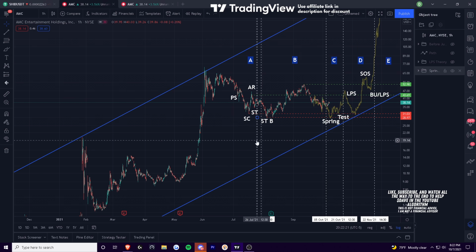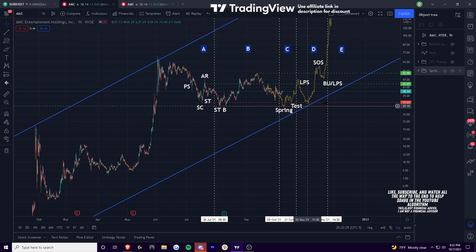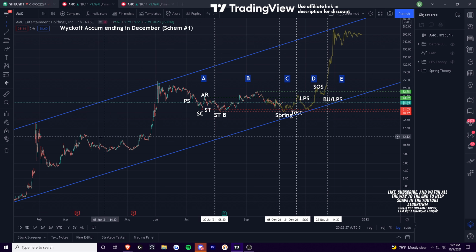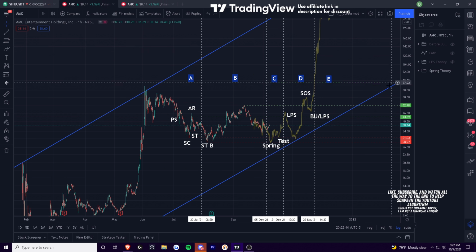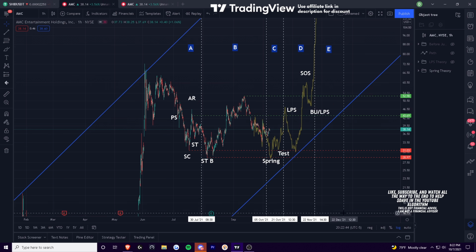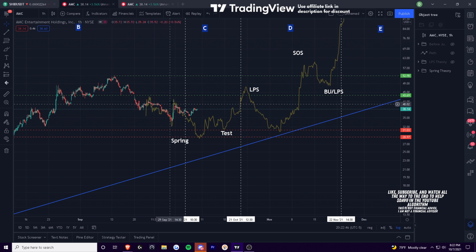Anyway, remove this. I drew this a few days ago, and basically I just copied from where he pretty much was saying we were, and I got a bars pattern based on that to get a projection as to how this Wyckoff accumulation schematic could be going if we are entering phase C. And as you can see, we have had some divergence on this pattern because today was an up day for AMC.